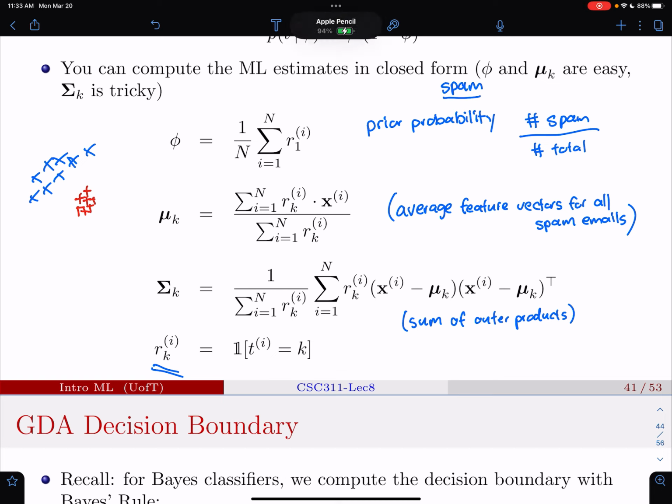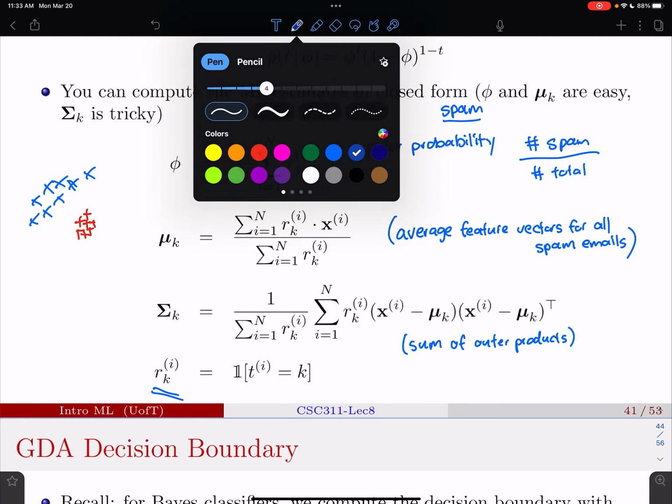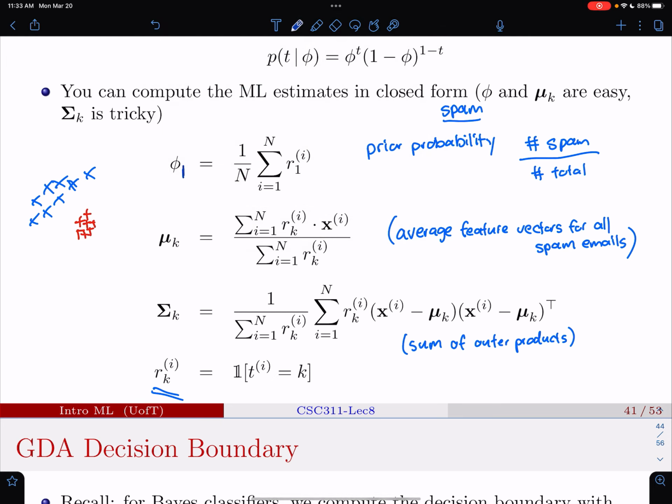Just making sure, the phi versus the dash in the middle, that's the prior, right? Yeah, that's a prior probability for that class. And what is R? R is an indicator variable that becomes 1 if it's that particular class. I guess in this case, we actually should have a phi subscript 1, which is the prior probability for class 1.